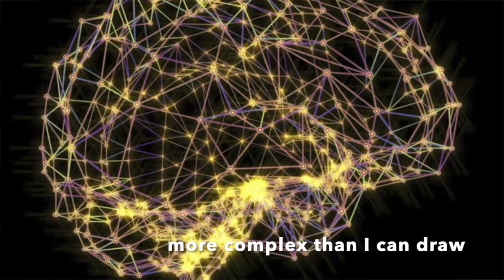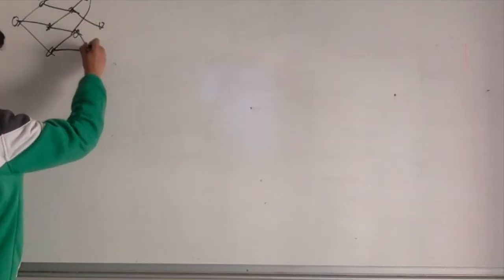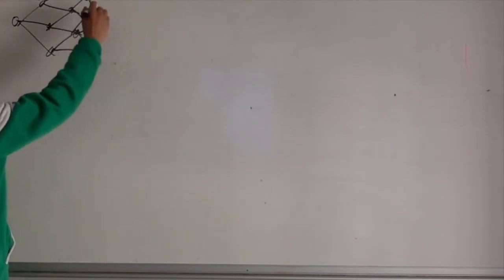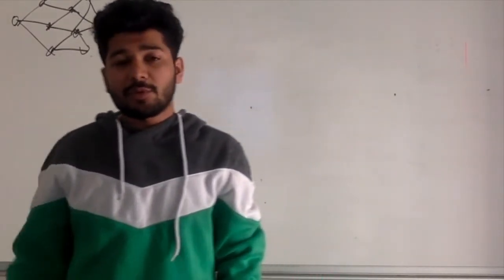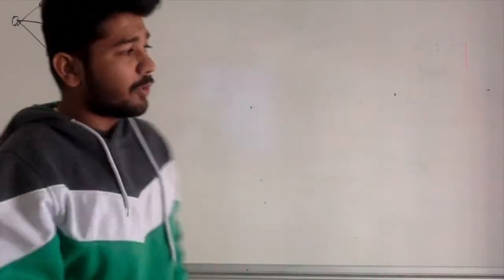So for example, all the tasks of perception, all the data or information processing tasks, and the recognition tasks a human is able to perform are because of this neural network.